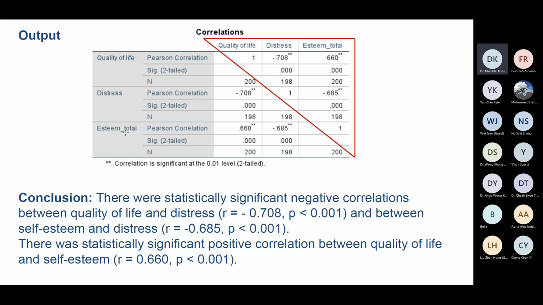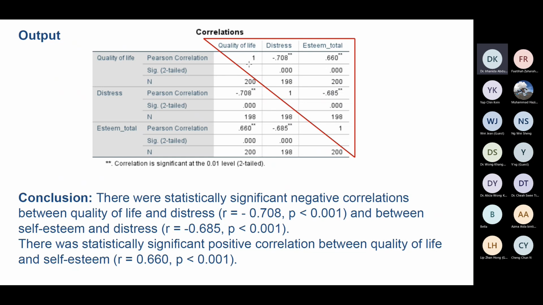Okay, and then we have esteem total. To esteem total, so the one definitely related. Okay, here it mentioned correlation is significant at 0.01 level, 2-tailed. There were statistically significant negative correlation. Even though the result is negative, they still have a relationship because the significance level is lesser than 0.05.